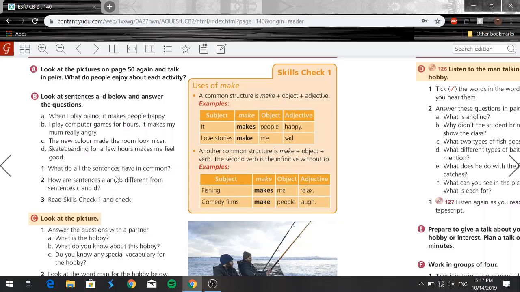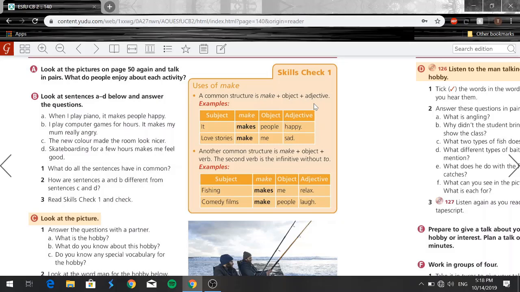You get the idea, right? So this is different. So again, what do all of these sentences have in common? They all contain the verb make. Okay. How are the sentences A and B different from sentences C and D? Well, sentences A and B relate to the first two parts of the skills check here, right? So make plus object plus adjective, right?